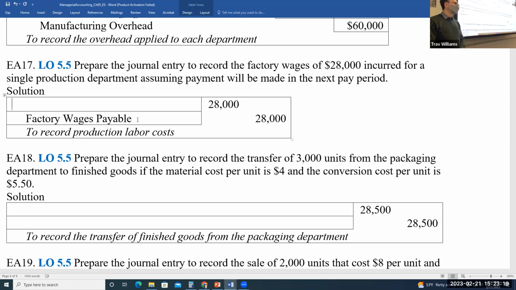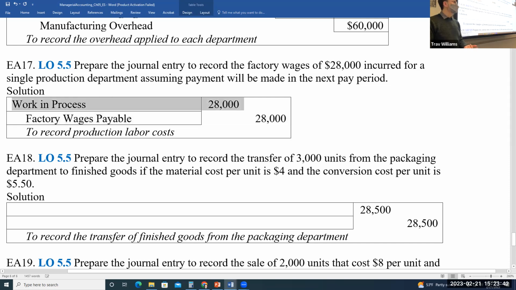What would we debit? Work in process. Right, work in process because it's being applied to a particular department's costs. What we're saying is we owe these workers $28,000. What is it for?